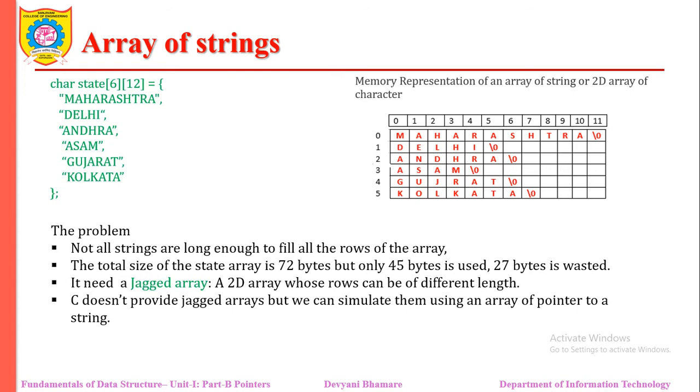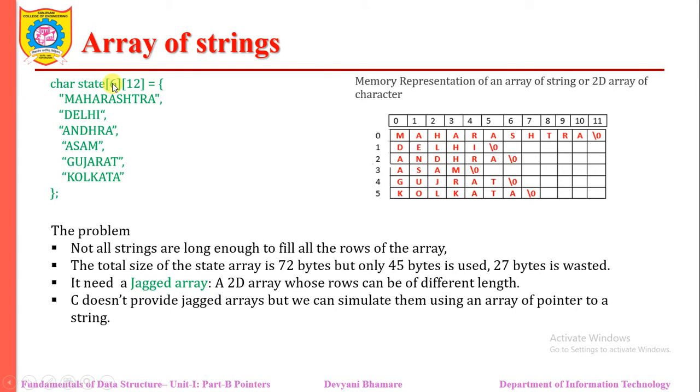But if we are going to create a collection of the students' names, every name itself is a string. Suppose I say Rahul, Sunny. Rahul itself is one array of characters, and Sunny is the second element. That's why we need to declare this array of strings by using a two-dimensional array.